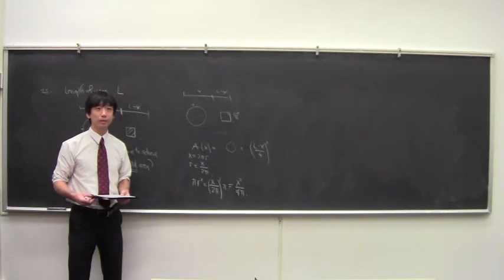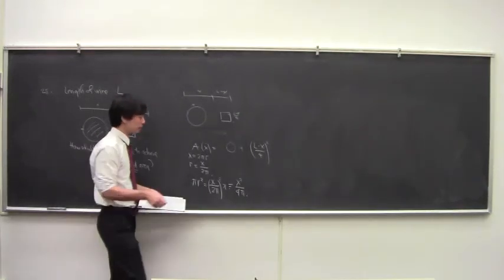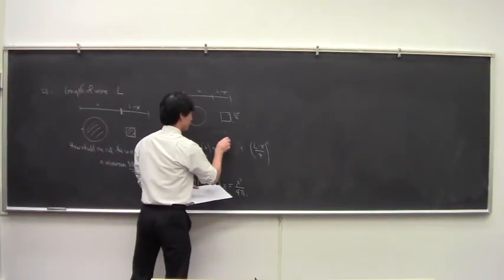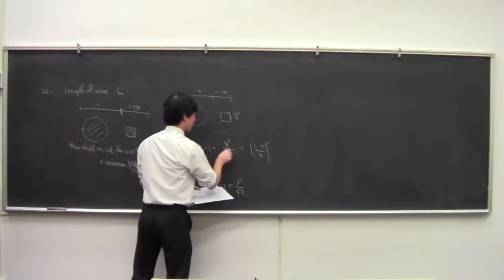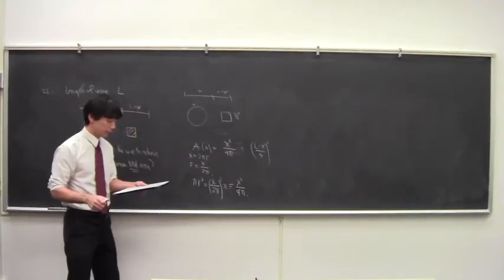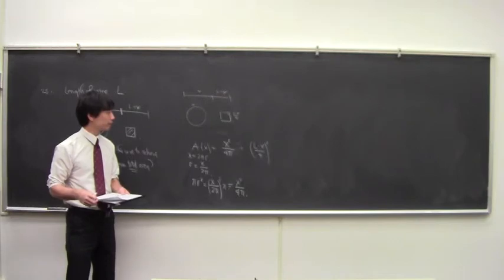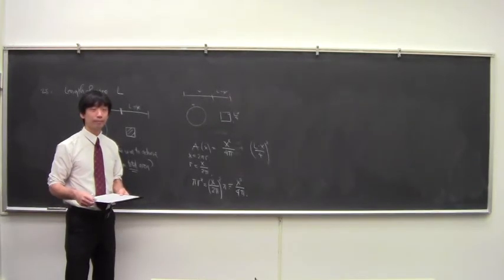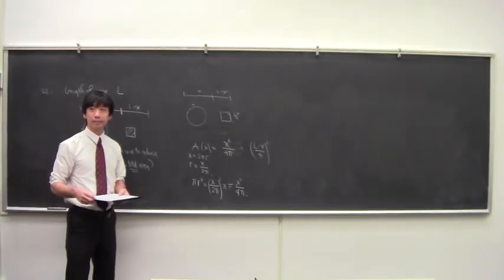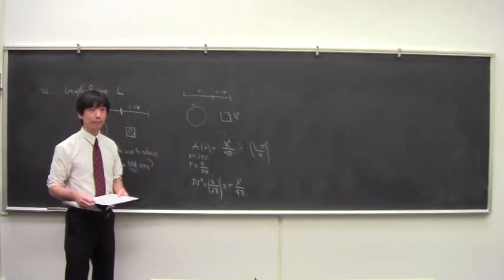Any questions? Okay, so you get x squared over 4 pi plus L minus x over 4, quantity squared.